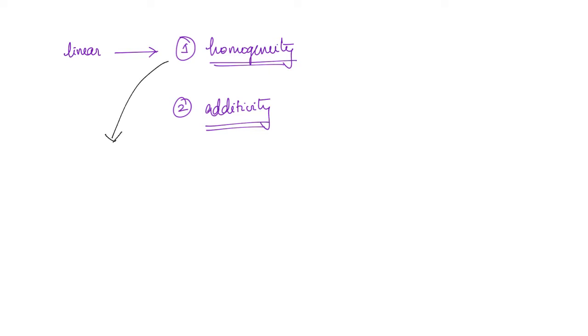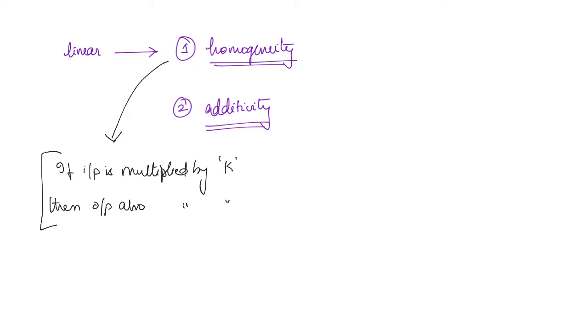In homogeneity, what it states is that if the input is multiplied by some constant k, then the output also should be multiplied by that same constant k. If this condition is satisfied, then it is said that the homogeneity property is satisfied.